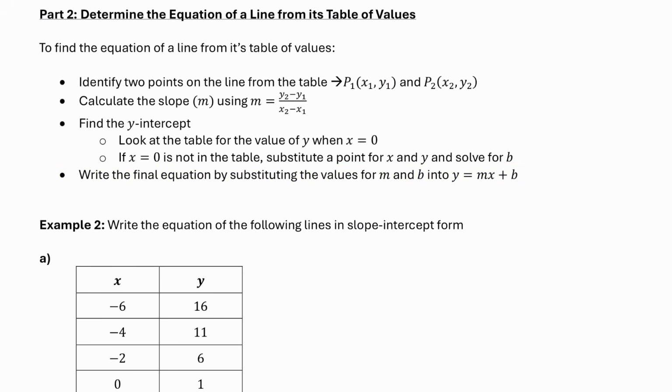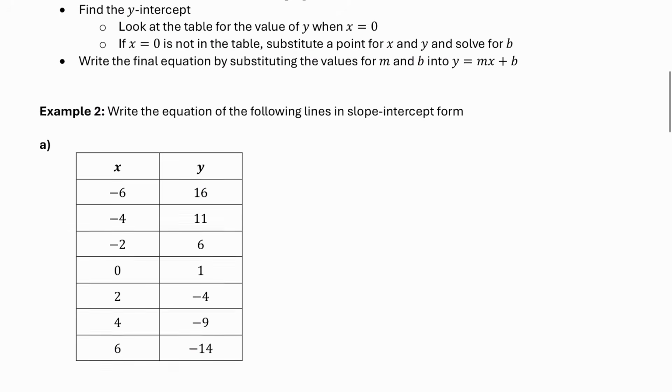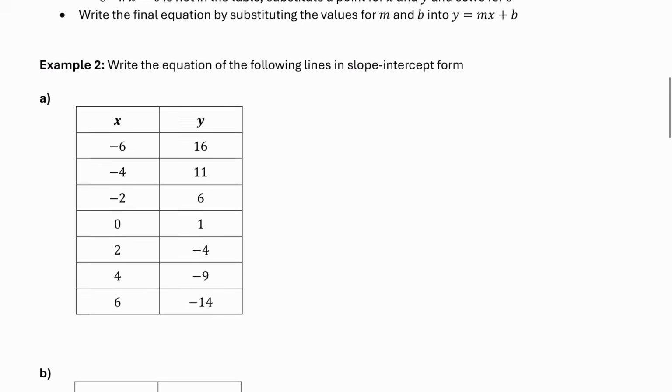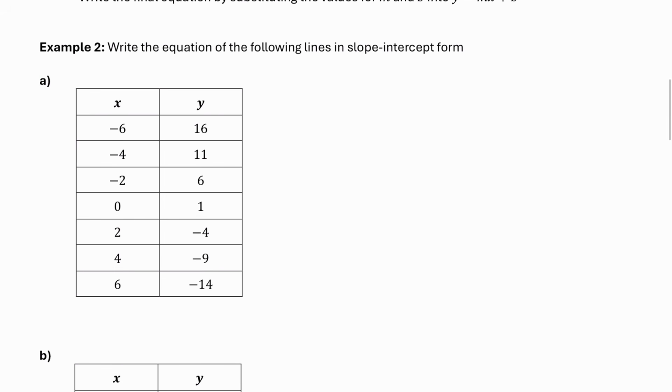So for example 2, writing the equation of the line in slope intercept form, from this table in example 2a, I have to start by picking any 2 points. I'll pick this as my first point, -6, 16, so that's my first x and my first y. And then how about I pick -2, 6 as my second point? So that's my x2, y2.